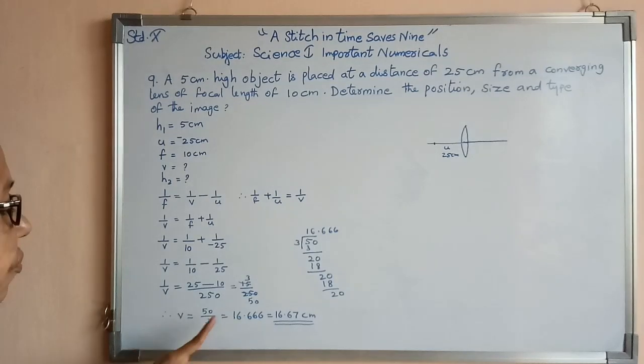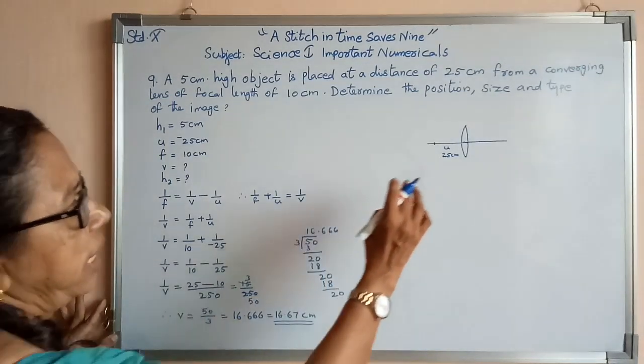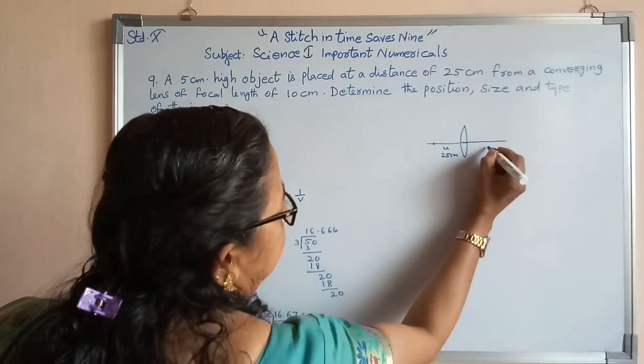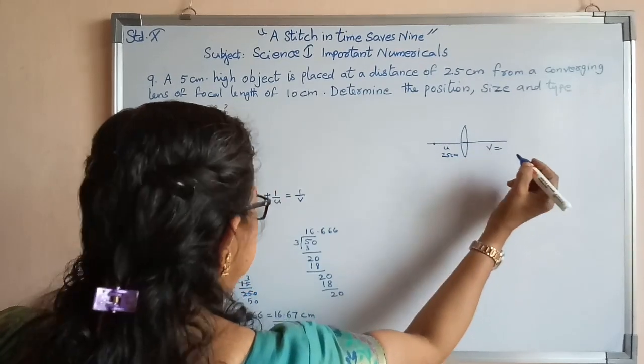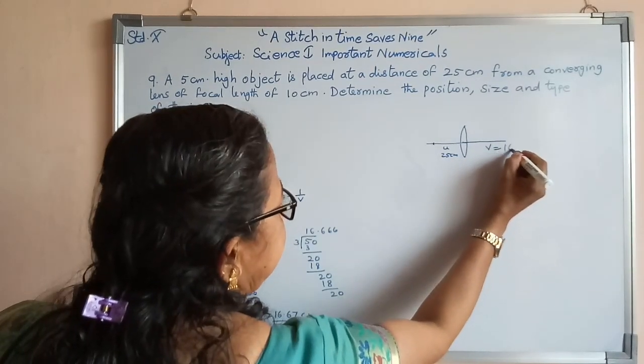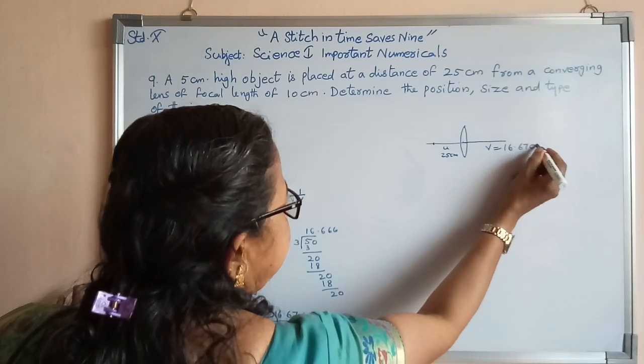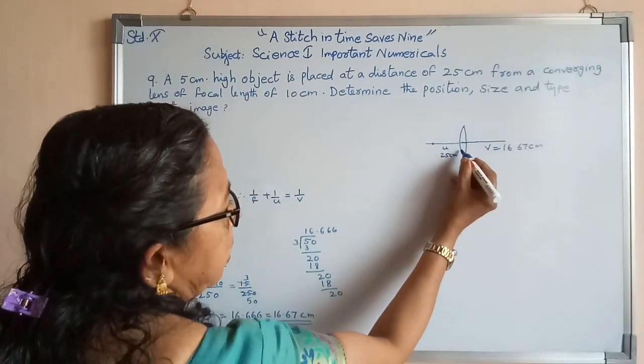Now the value of v we have got is positive. That means the image is forming on this side. How much distance? It is forming at 16.67 centimeter from the convex lens.